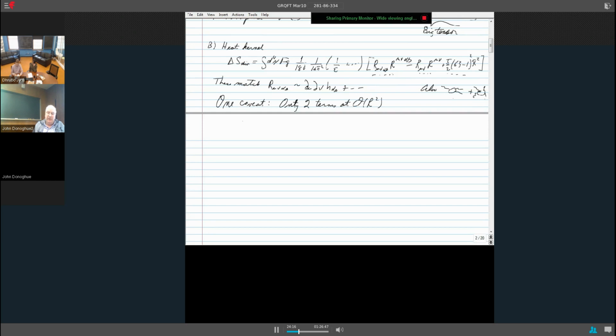Okay, and it's amazing that we've also matched, even though I've not done the calculation, things like that and things like that. All the divergences that happen at higher orders come out the same.